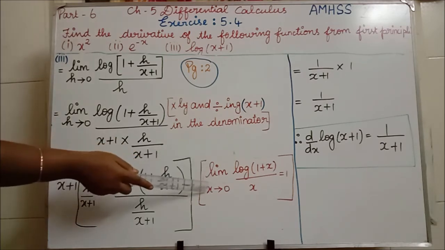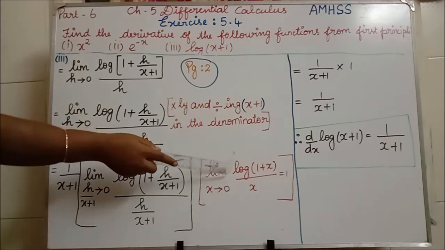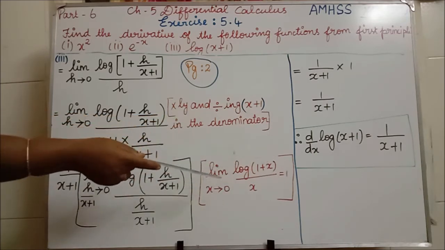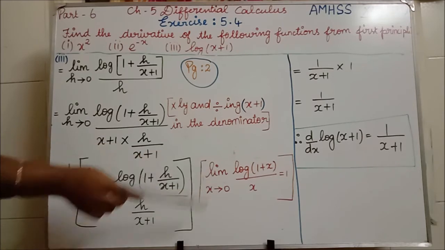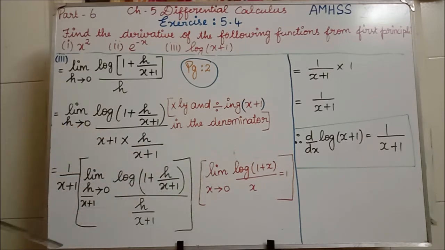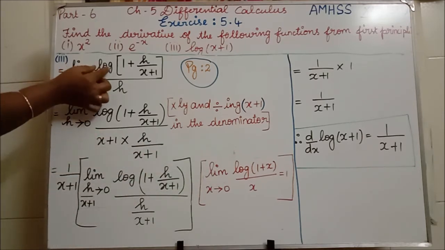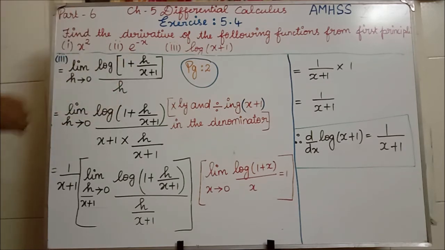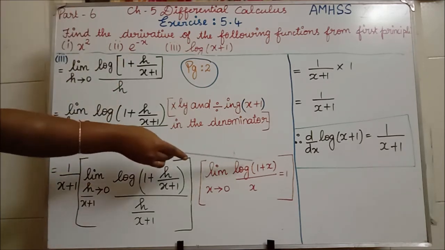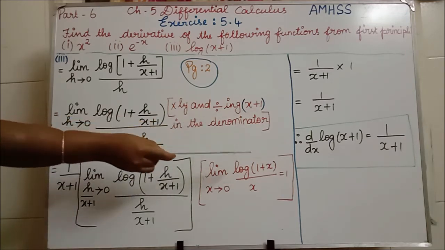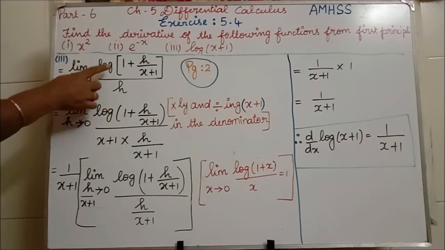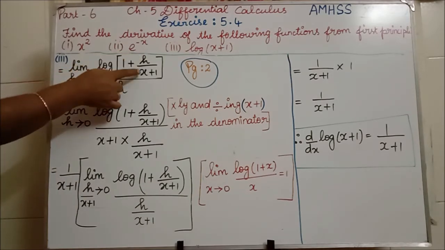See, limit x tends to 0, log(1+x) divided by x is equal to 1. According to this formula, we have to bring it. Here we have log of (1 plus h divided by x+1). But log(1+x) means the same x should be in the denominator. Only then can we apply this formula. But we have log of 1 plus h divided by x+1.